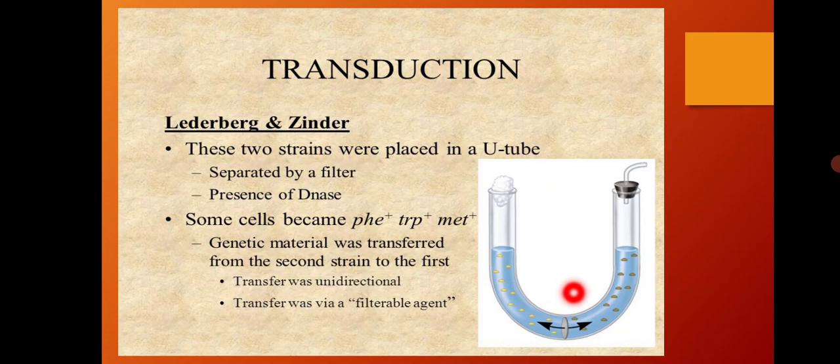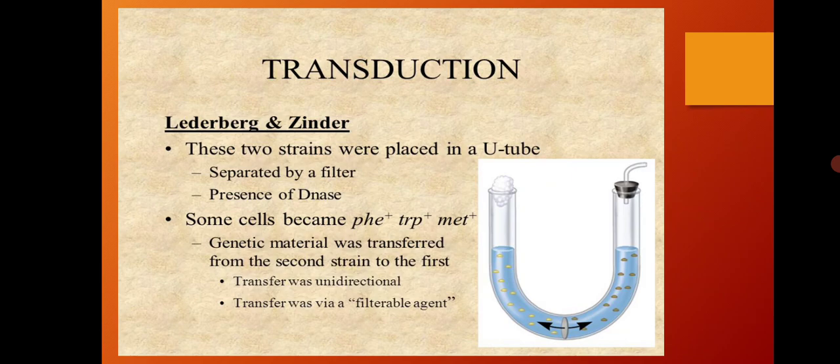That is called the filterable agent, and that filter has a pore size of 0.2 micron, which was able to pass genetic material from one arm to the other arm. Second, it was able to pass the virus.